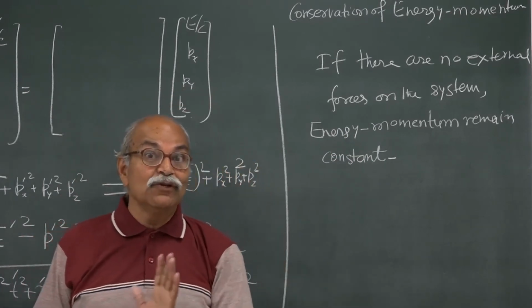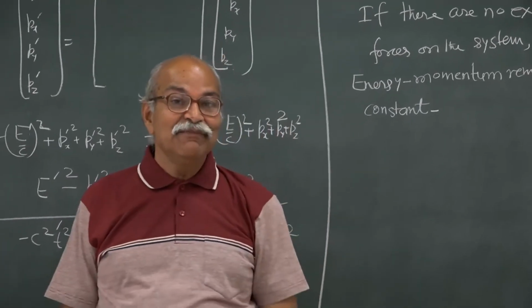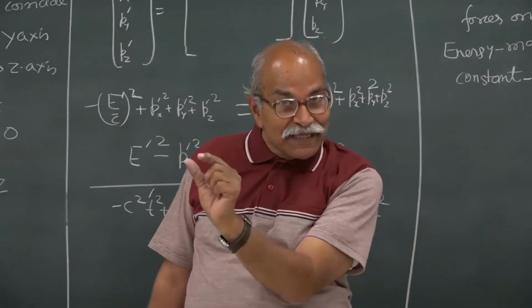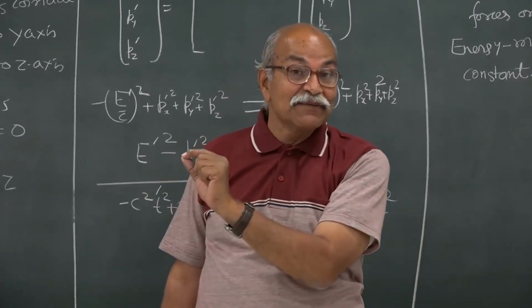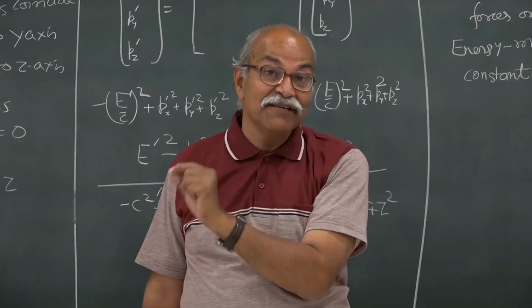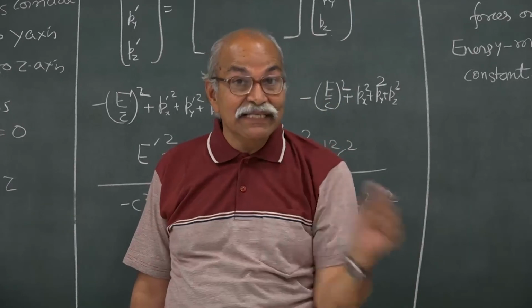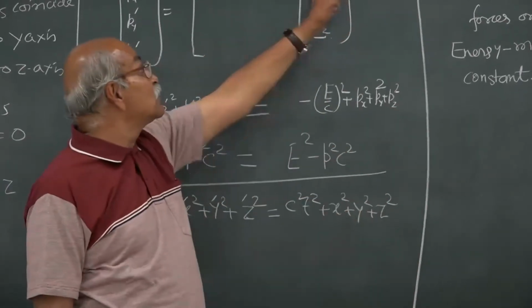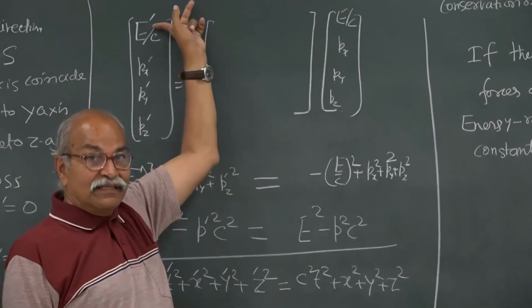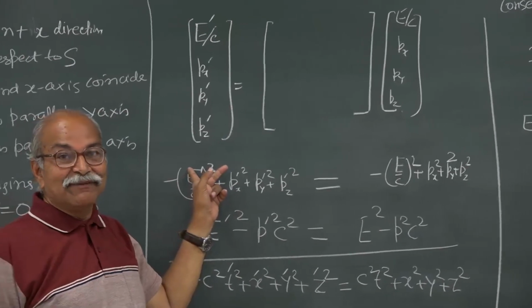In usual Newtonian mechanics, when I say linear momentum is conserved, I mean that px is separately conserved. The x component of the momentum remains constant as a function of time. The y component py remains constant, pz remains constant, and also this E remains constant in time. All the four components remain constant in time.